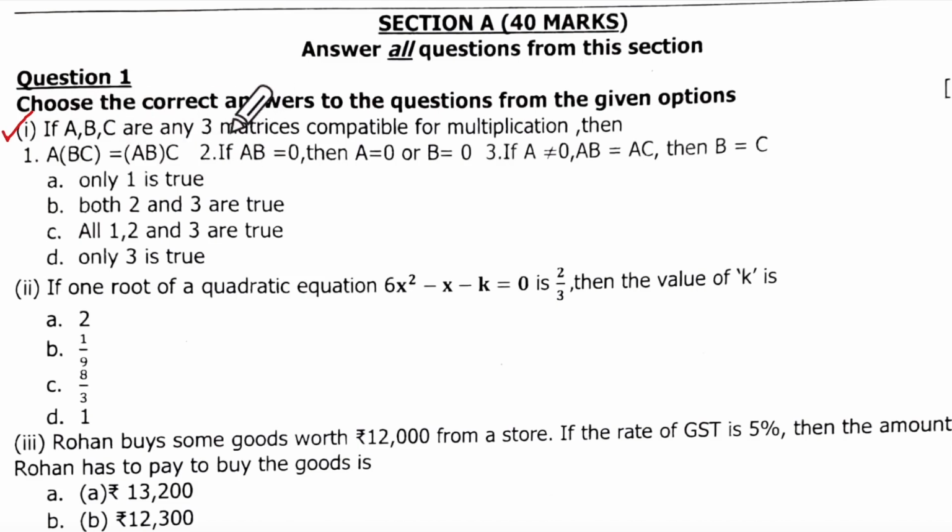There are A, B, C three matrices compatible for multiplication. Compatible for multiplication means if the order of the first one is this and the second one is this, and these two are equal, meaning the columns of the first matrix equal the number of rows of the second matrix, then you can multiply them and the order will be m into p for the product.